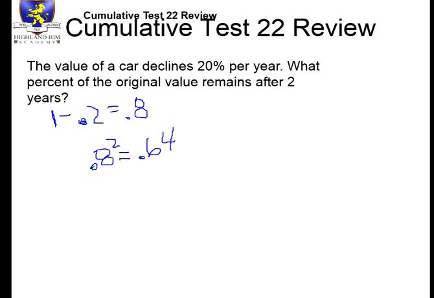The question was what percent of the original value remains. That's 0.64, but remember we have to convert this back to a percentage. 0.64 is equal to 64 over 100, or 64%.